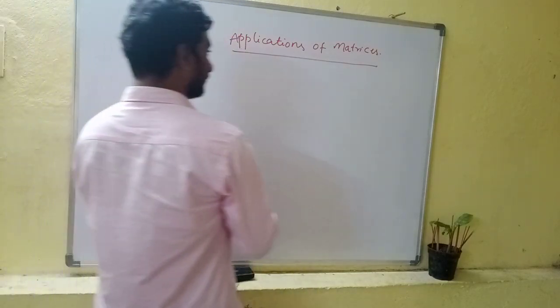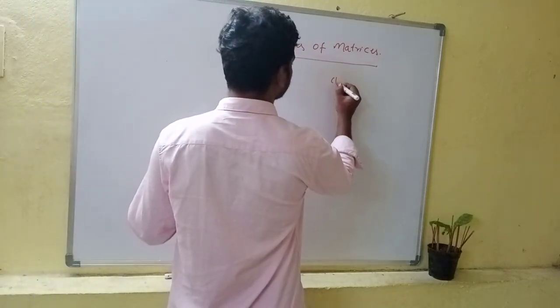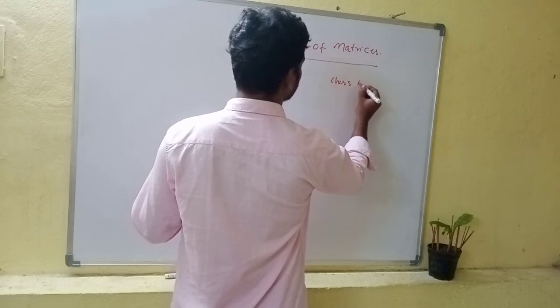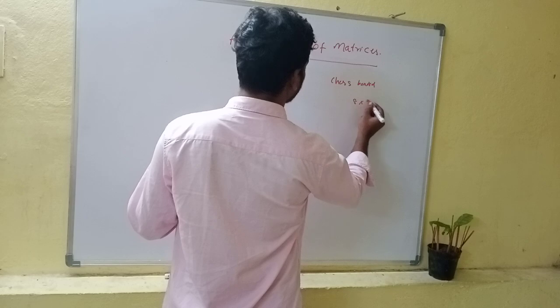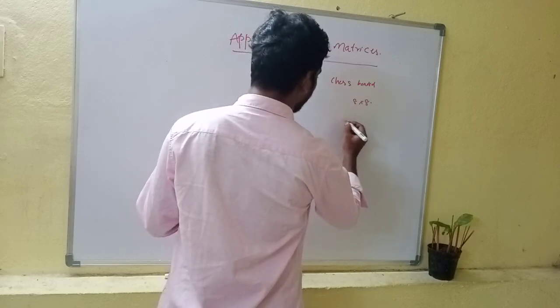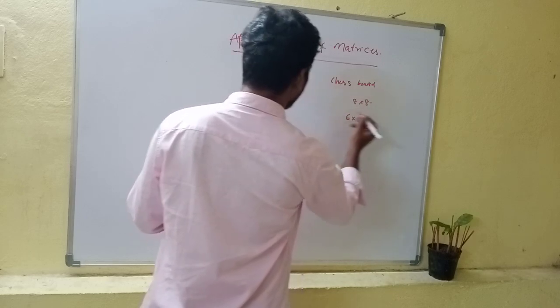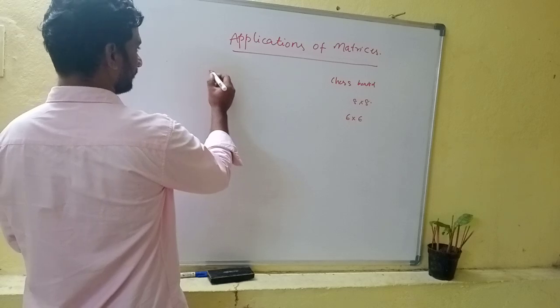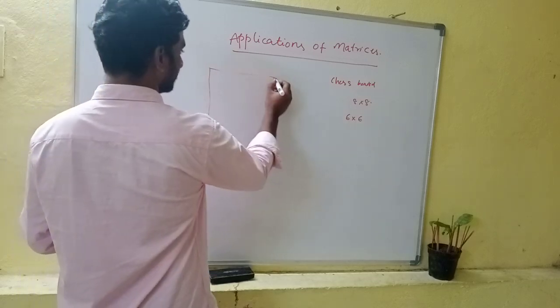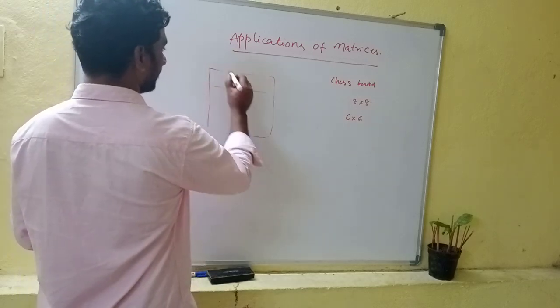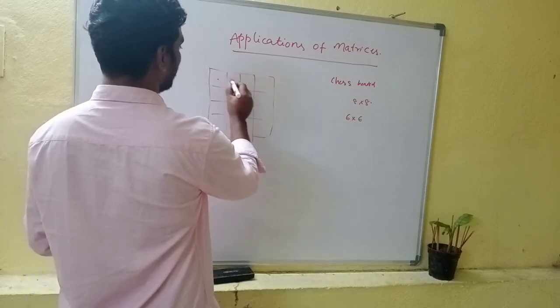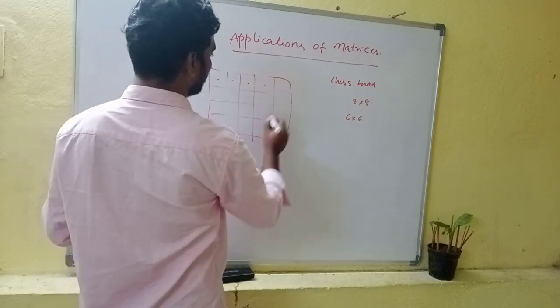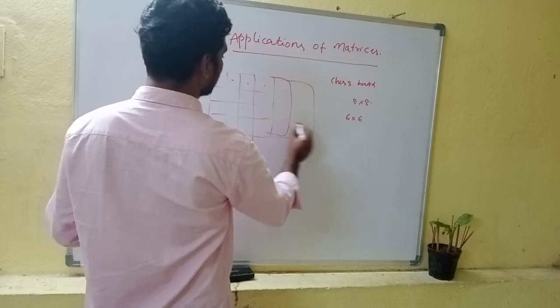Like the chessboard is of order 8 by 8, right? Eight by eight. So if you want to take a matrix 6 by 6 from 8 by 8, what we will do? We just draw 6 horizontal and 6 vertical. 1, 2, 3, 4, 5, 6.